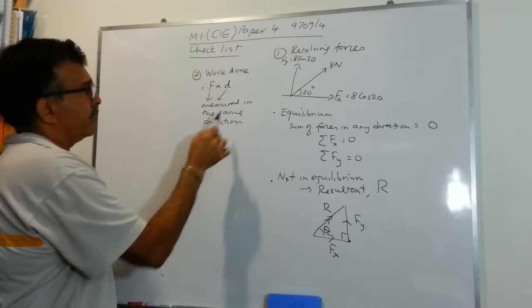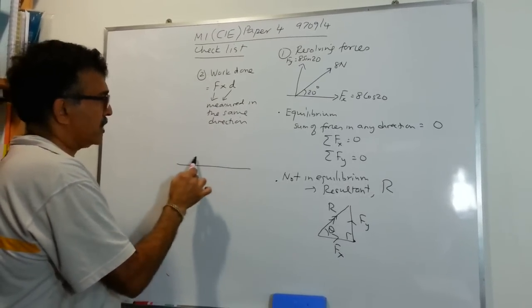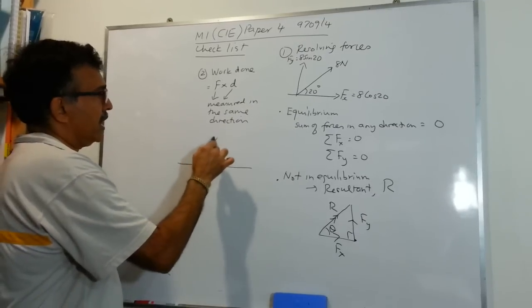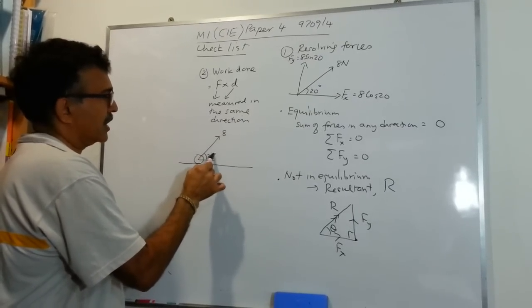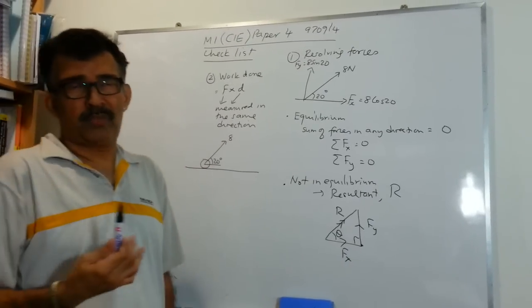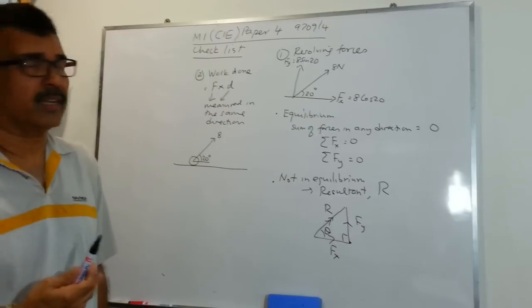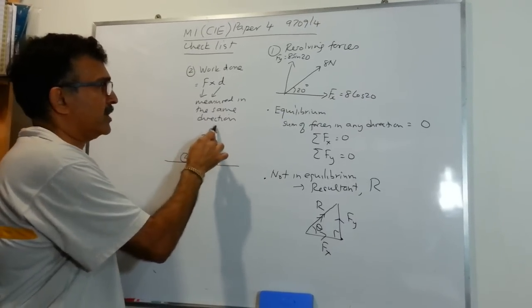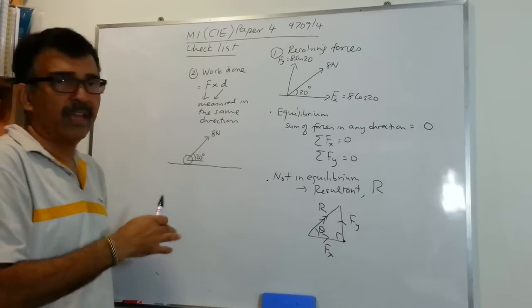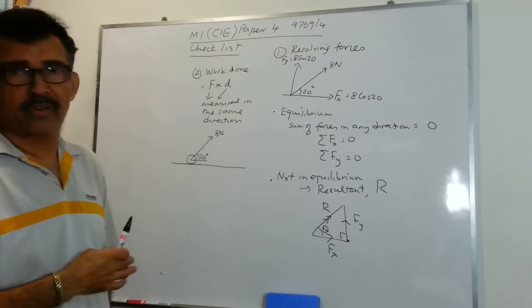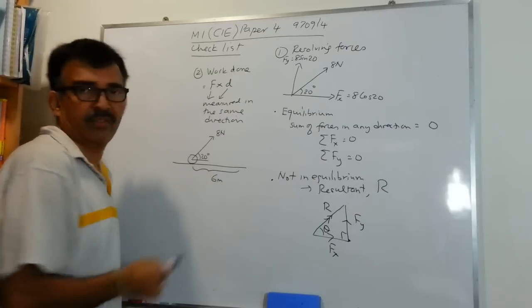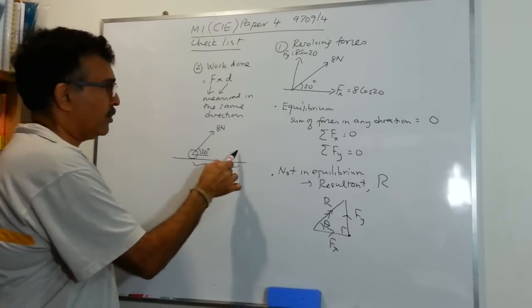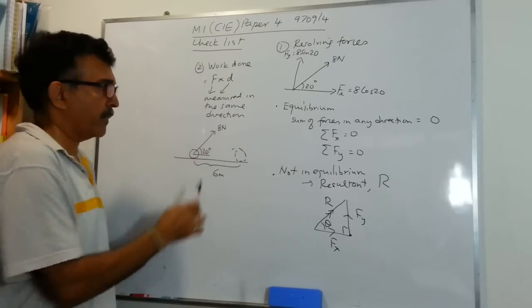So what does that mean? Let's do an example. If I have 8 Newton and let's say I have 20 degrees, you have an object and you exert a force of 8 Newton, let's say you tie a string to it and you pull it along at an angle of 20 degrees, and let's say you cover 6 meters. Now your object is here.